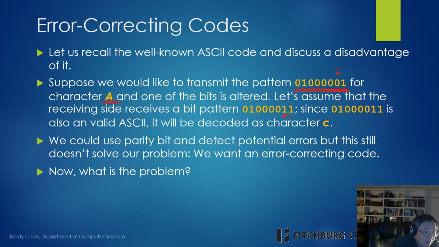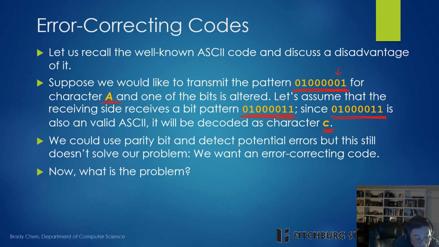For A, that position has 0, but now the received pattern has 1 in that position. Now we know there's a transmission error. However, the receiving side checks this pattern and finds this is also a valid ASCII code, and it is decoded as a lowercase c. So that's a problem. Why this is a problem, we'll talk about in the next slide.